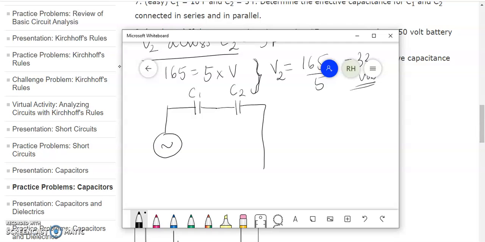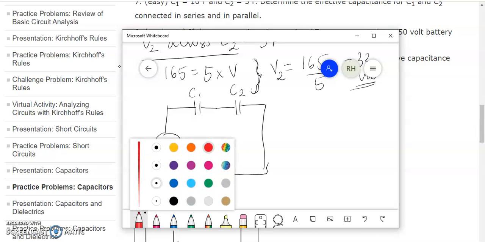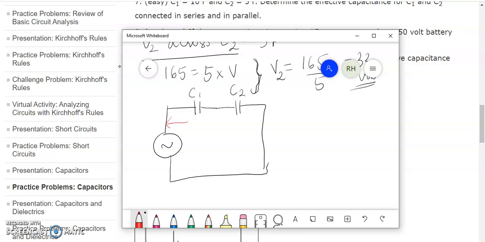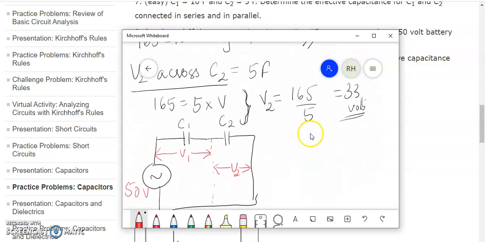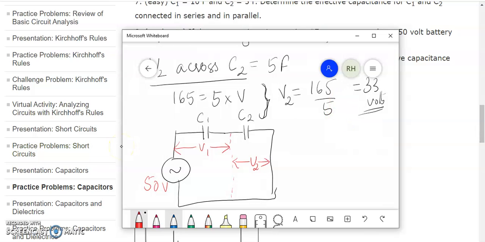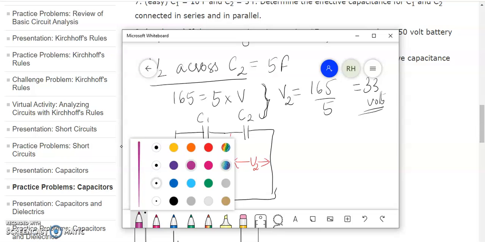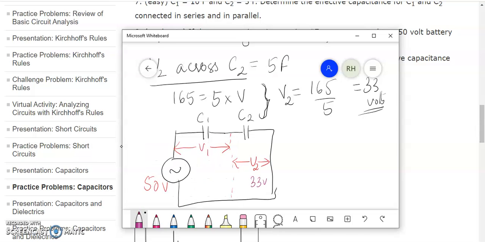C2, and then you just connect it, and then I'm going to put in red voltage 1 across capacitor 1, and then voltage 2 across capacitor 2, and this total voltage that is coming from the power supply is 50 volts. So you saw that the voltage 1 is 17 and voltage 2 is 33. So I'm going to write here 33 volts and here 17 volts.